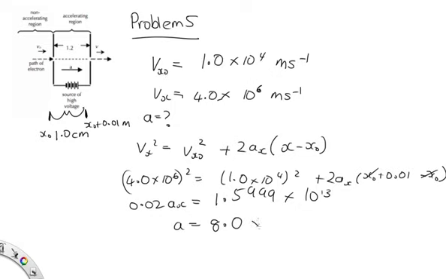So 8.0 times 10 to the 14 meters per second per second. Okay, and that will be in the x direction. And the x direction, the direction shown in this diagram, is along this path here. Okay, that's the solution to problem 5.